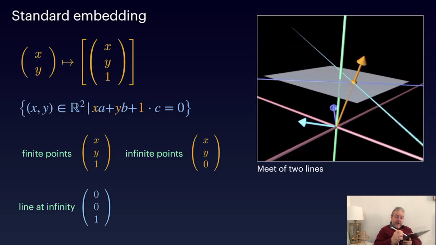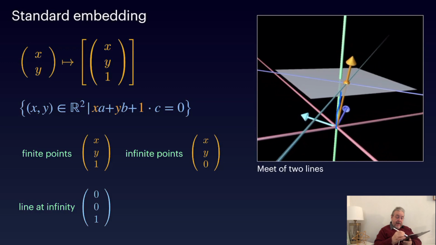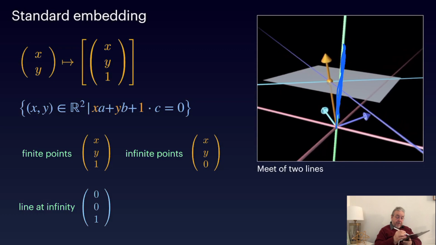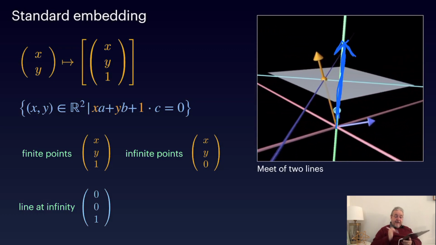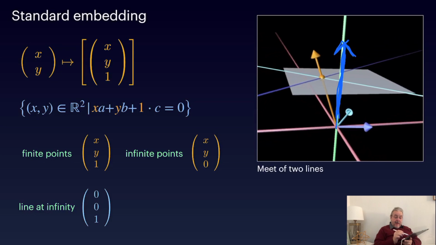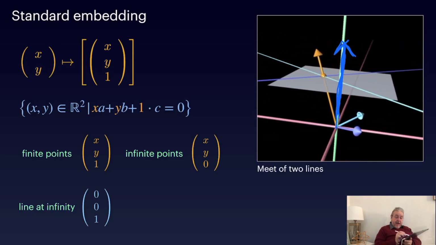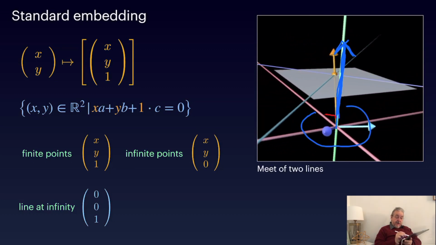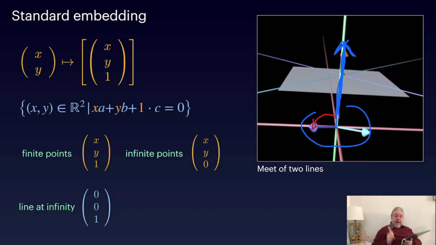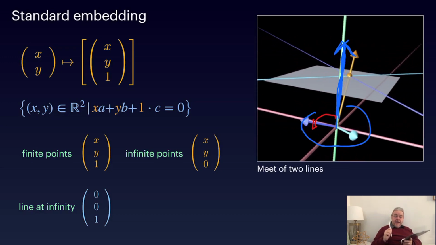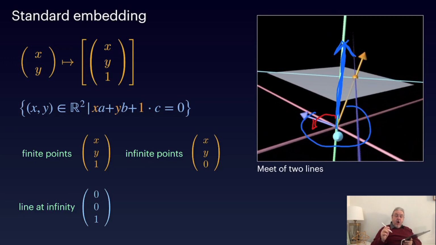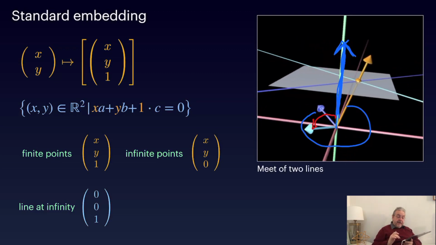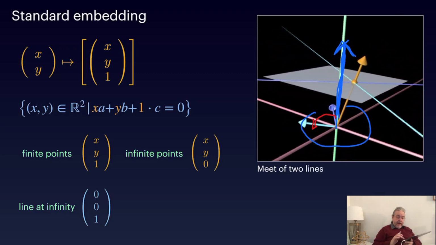Well, it's actually the line that points in the direction of this axis here. So this is a normal vector, and this normal vector is orthogonal to the xy plane, and this represents all the points that simultaneously lie at infinity.